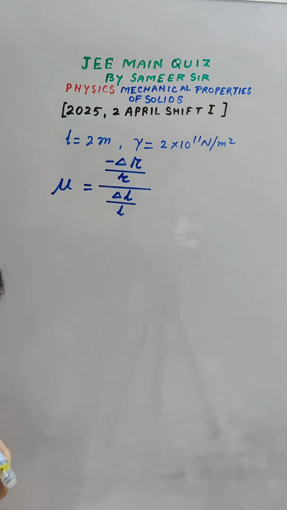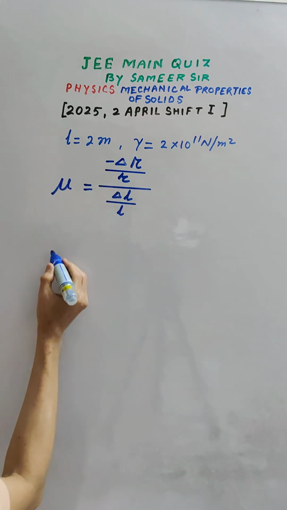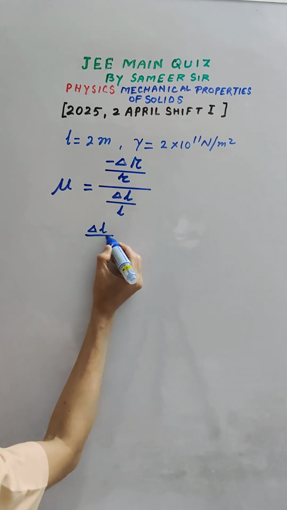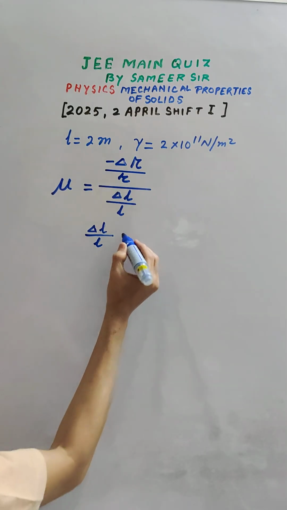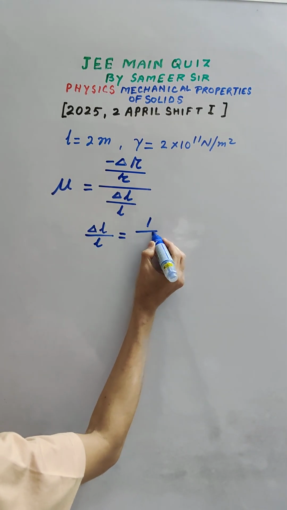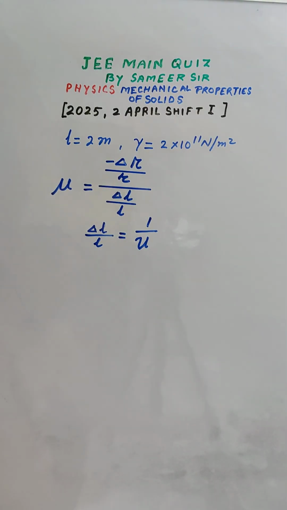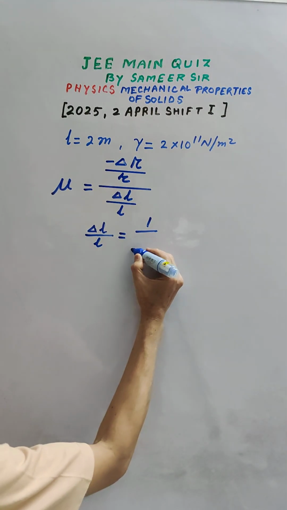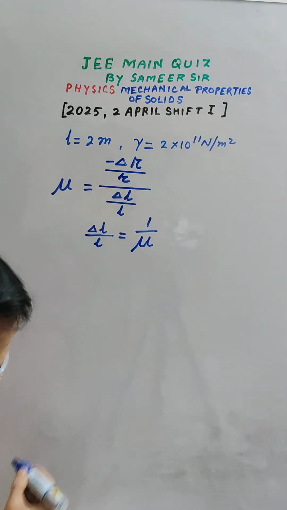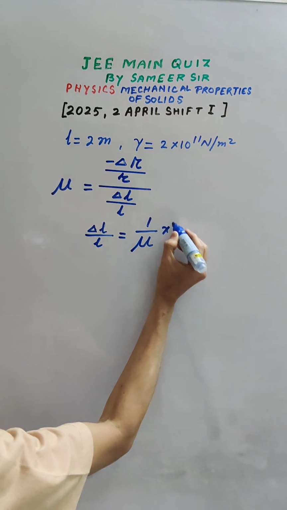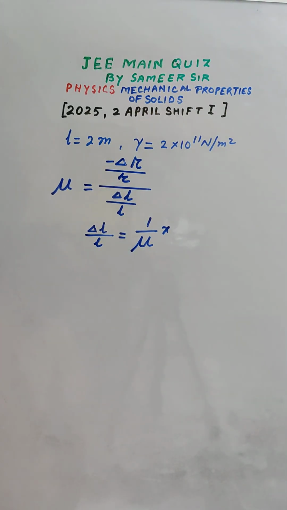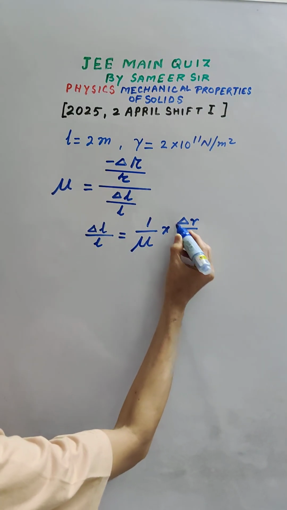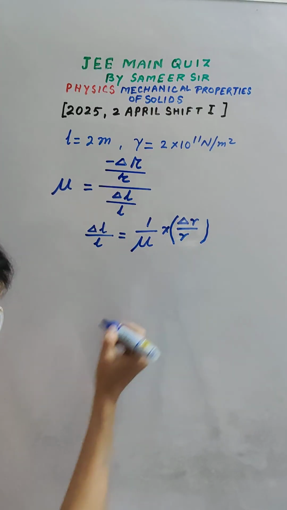So delta L upon L will be equal to 1 upon mu into delta r upon r, within bracket.